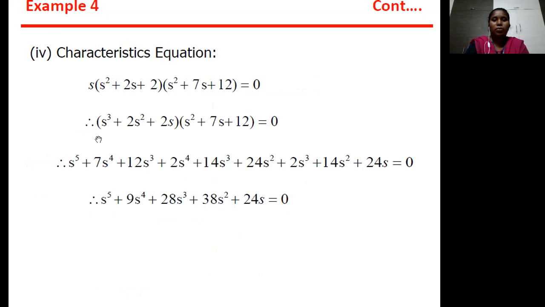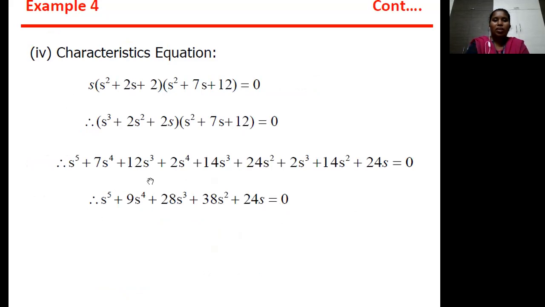So it becomes (s cube plus 2s square plus 2s) into (s square plus 7s plus 12) is equal to 0. By multiplying these two terms again, I will get a larger equation in terms of s domain. So by simplifying this equation, finally I obtain the equation s power 5 plus 9s power 4 plus 28s cube plus 38s square plus 24s is equal to 0, right?